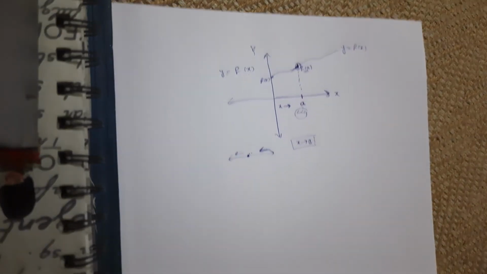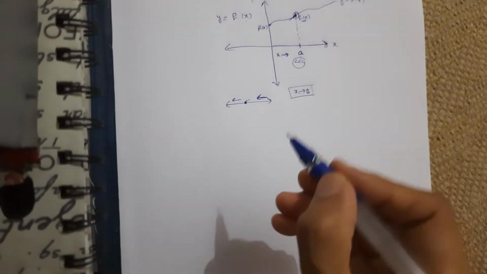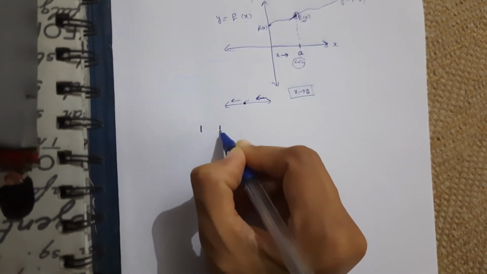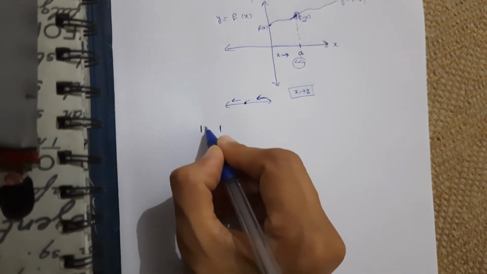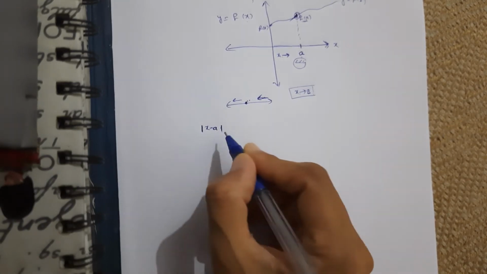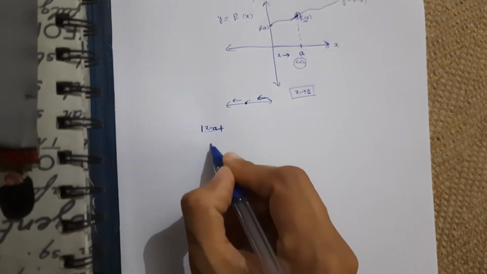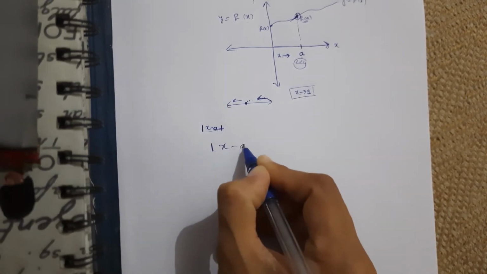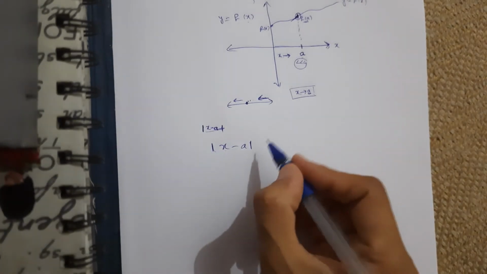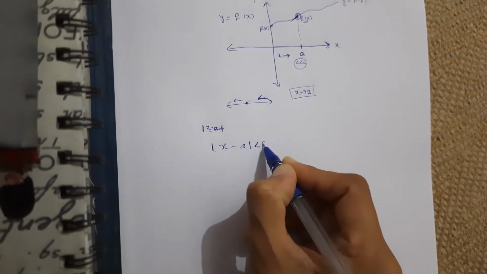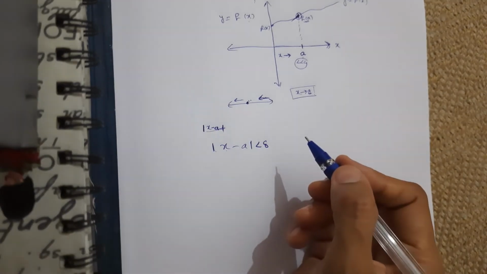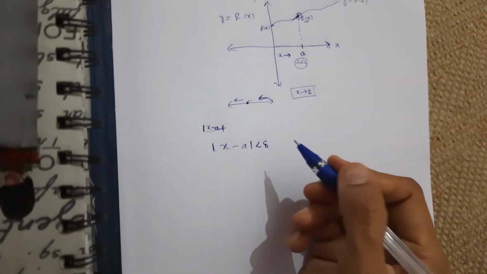So in mathematics, distance is represented by modulus. This represents the distance. So what I am saying, modulus of x minus a means the distance between x and a is less than delta, where delta is any small number.